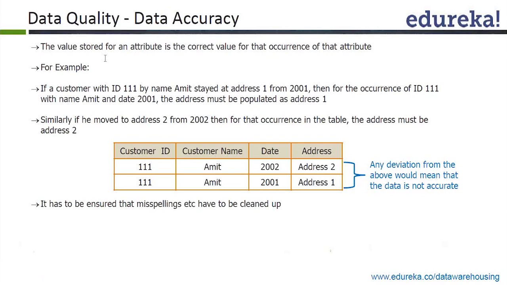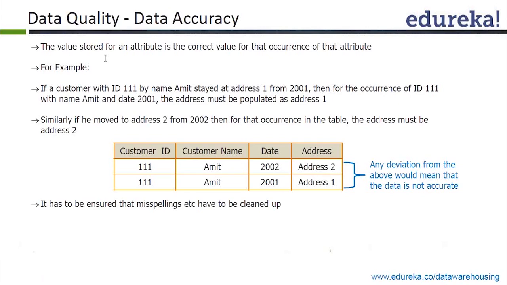Based on our extraction, we could either get address 1 or 2, or we could miss address 2 because one of our loads failed. In 2002 he is actually staying at address 2, but your job failed or something happened with your data, and you still see address 1.